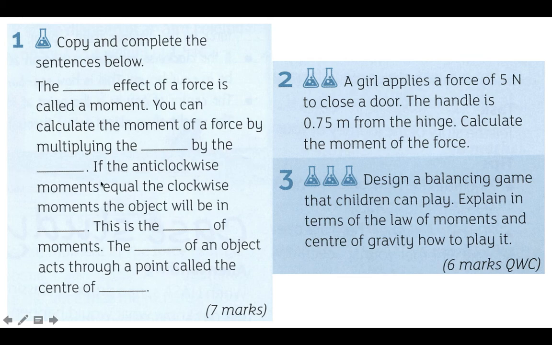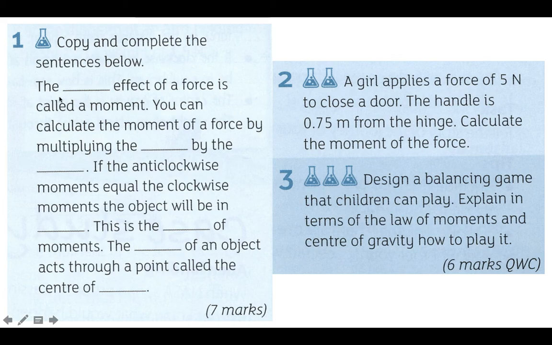If the anti-clockwise moment equals the clockwise moment, the object will be in equilibrium. This is the law of moments. The something of an object acts through a point called the center of gravity.